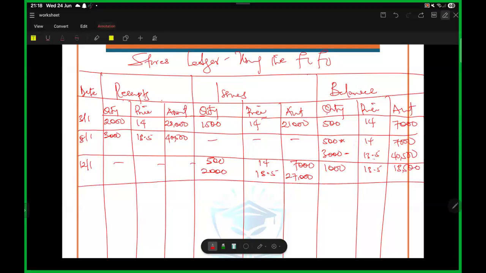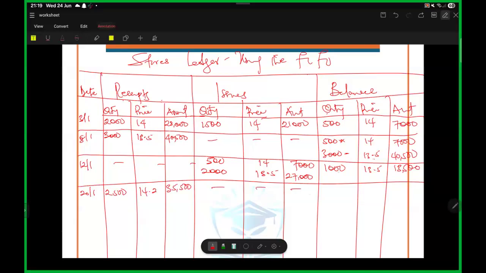Then I come to the 20th. On the 20th of January, I only had a receipt of 2,500 at 14.2. So what will be the answer? On the 20th there was no issue.